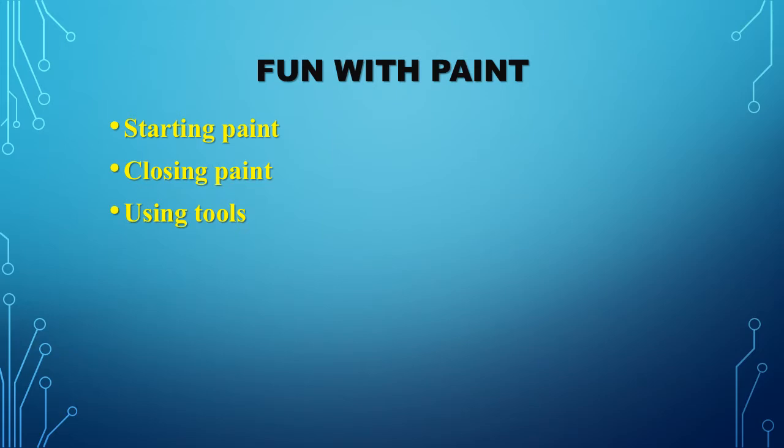We saw about starting Paint, how to close Paint and using the tools, right? What are the tools we have seen? Can you remember? Yes, the first thing is the pencil tool, the next is the brushes tool, and the third one is the line tool. Am I correct?